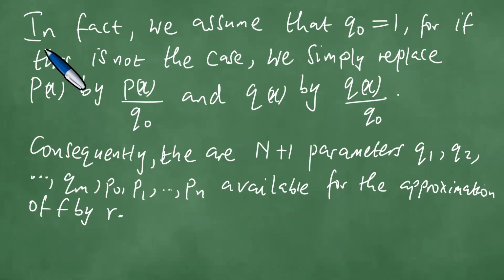In particular, we focus on the most underpinning aspects of this. In fact, we assume that Q naught is 1. I must indicate that we always do in this module assume that Q naught is 1.